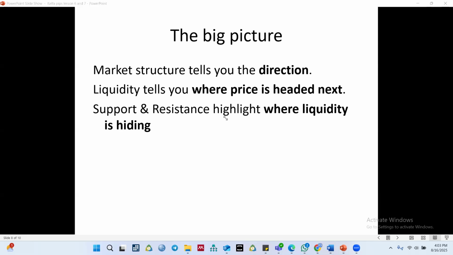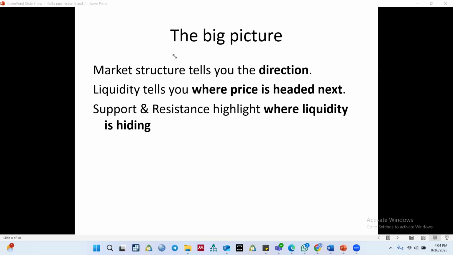Okay, use market structure to identify the trend, whether we are trending up, trending down, or we are in consolidation based on the structure. Then liquidity tells you where price is heading next. Once you identify that they are at this point, which is seen as a liquidity point, then that will tell you the direction the market will want to move.